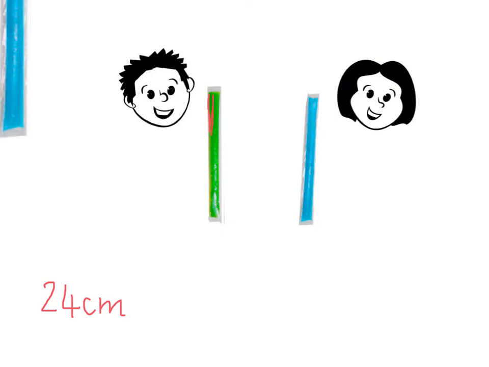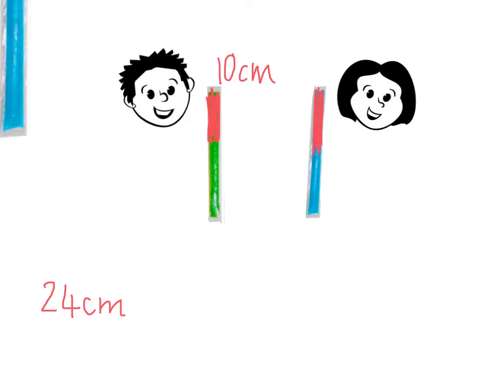So Mark had eaten, after 10 seconds, 10 centimetres of his ice block. Now Mindy had eaten a little bit more, and she had eaten 15 centimetres of her ice block.